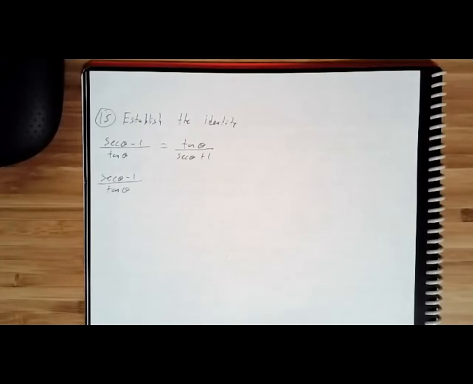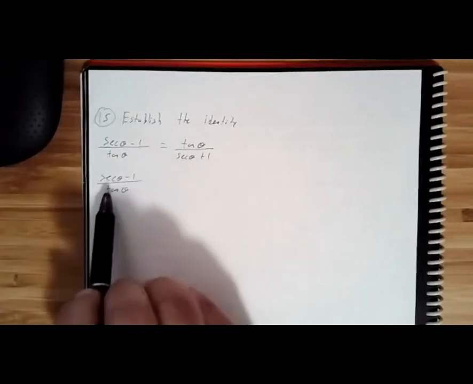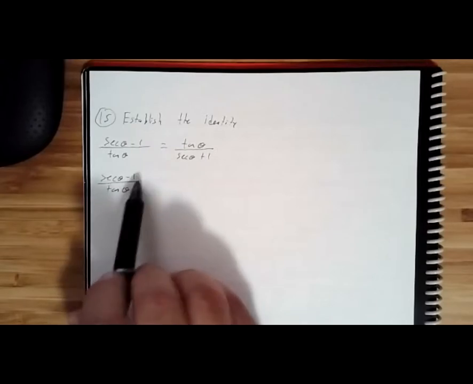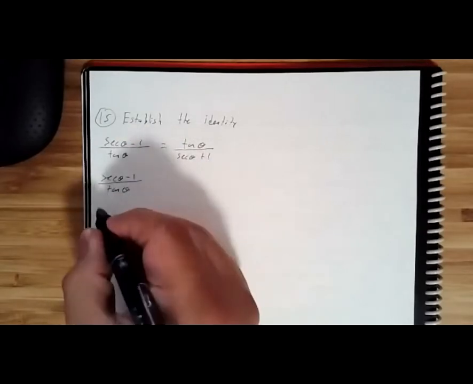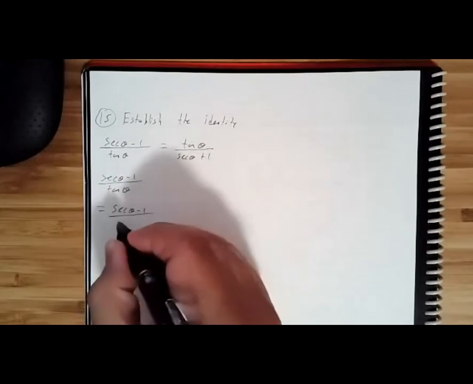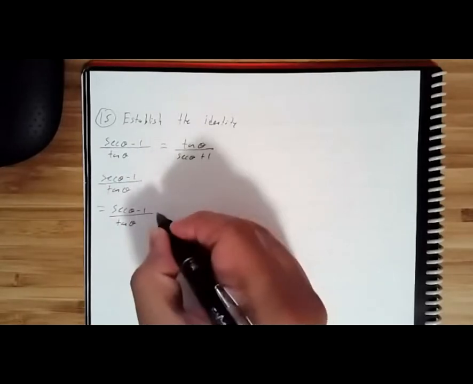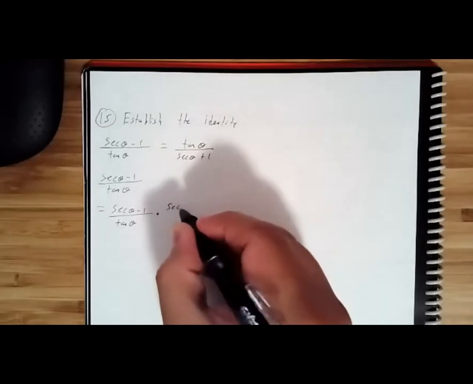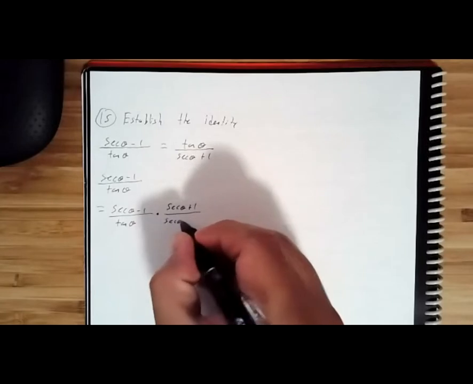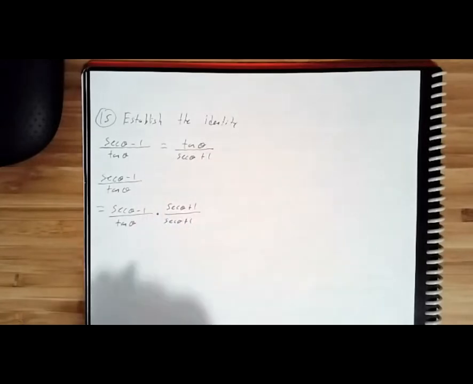So right now I don't have any ideas, but when I see something like this, a secant minus 1, sometimes I think, you know what, maybe I should multiply by the conjugate. Multiplying by the conjugate of the denominator. So it's the same thing where you just put a plus sign. That's what conjugate means. Secant minus 1 times secant plus 1.